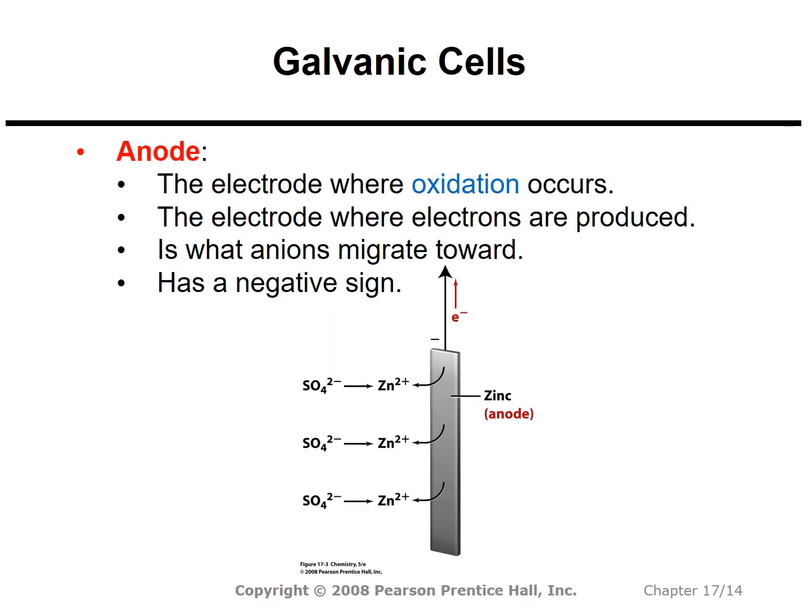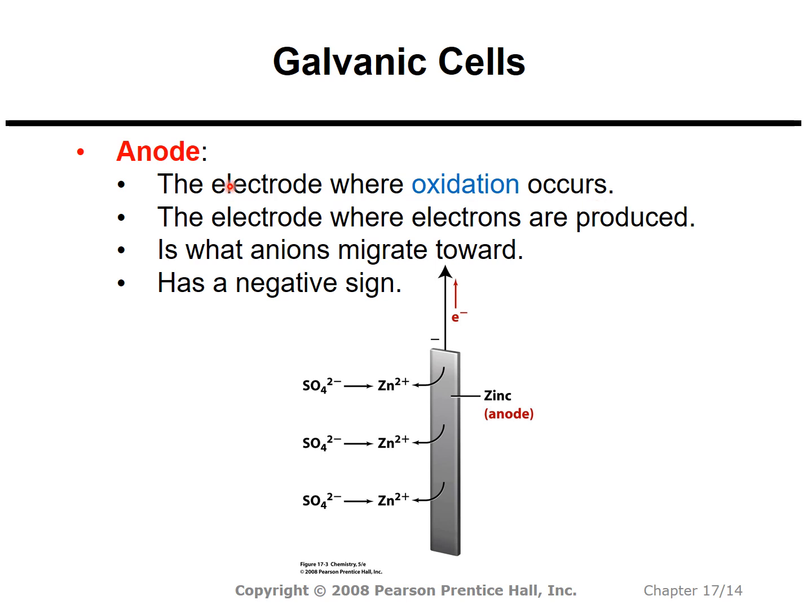Okay, let me discuss more about galvanic cells. In any cell, we have an anode and a cathode, or an oxidation electrode and a reduction electrode. But at first, I'd like to introduce the anode in galvanic cells. What is the anode? The anode is the electrode where oxidation occurs.